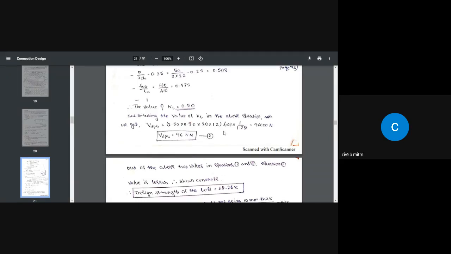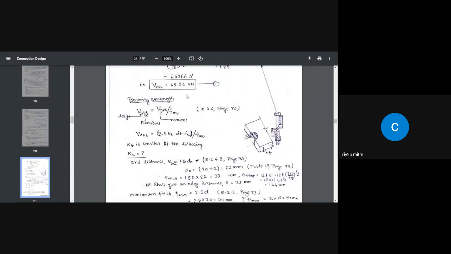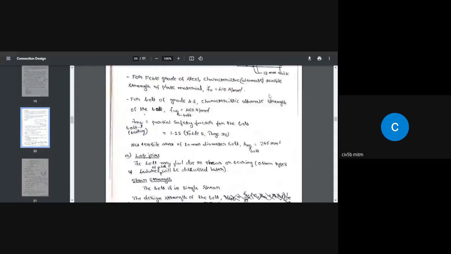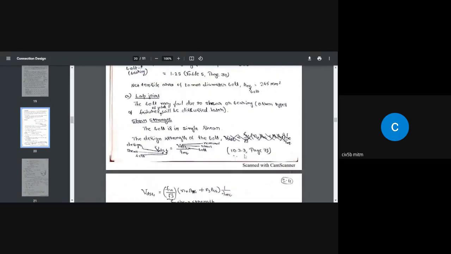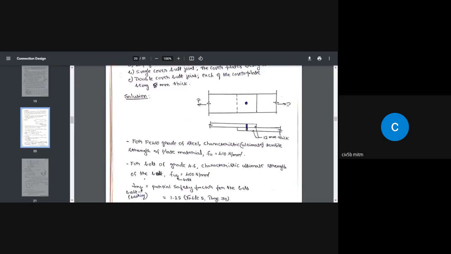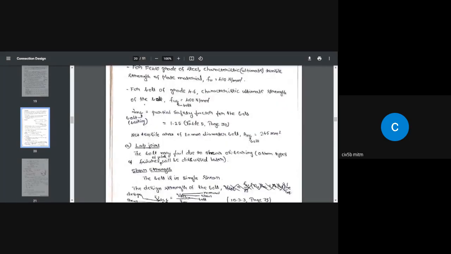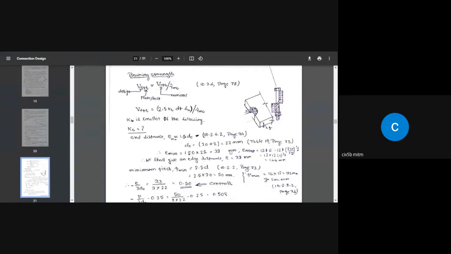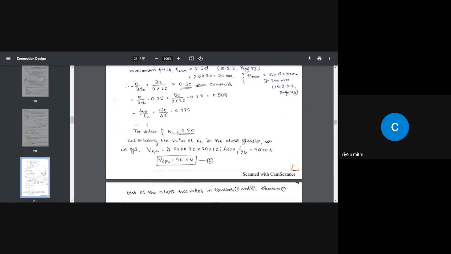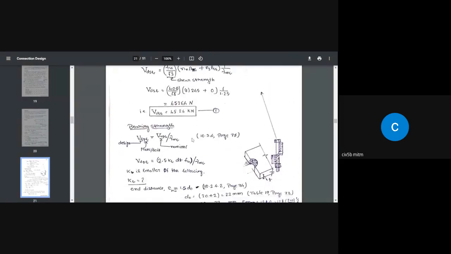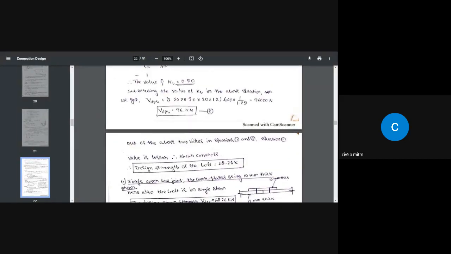As I said, a bolt can fail in two possible ways: through shear and through bearing. If it fails due to shear, it will fail at an external force P of 45.26 kilonewton. If it fails due to bearing, it fails at P equal to 96 kilonewton. Out of these two values, the lesser value should be taken.